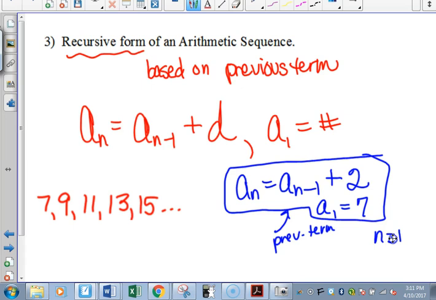It's easy to write this one. The problem is if I want to know term 37, this only works if I know term what? 36. Okay? So recursive form is nice, it's easy to write, but it's not really helpful if you want to know the 35th term because you got to know the 34th, and so on.